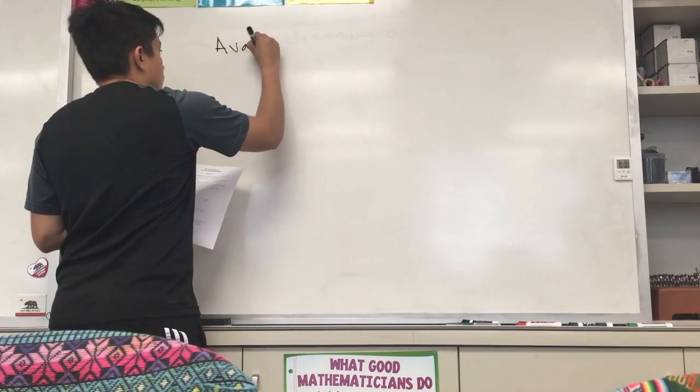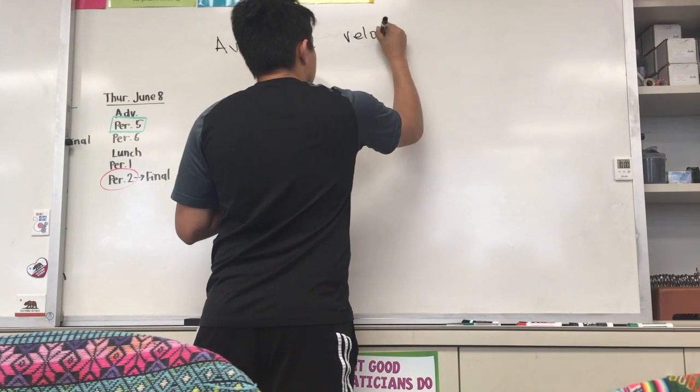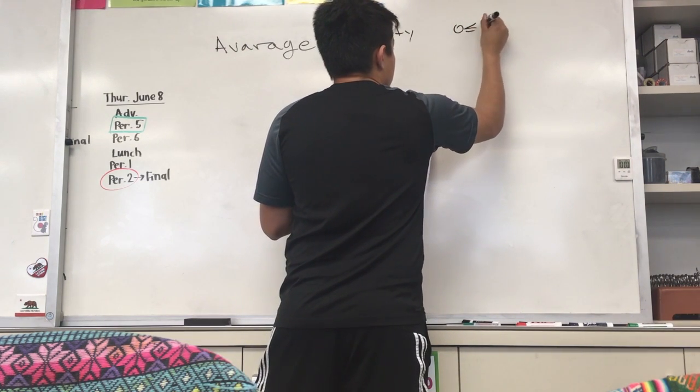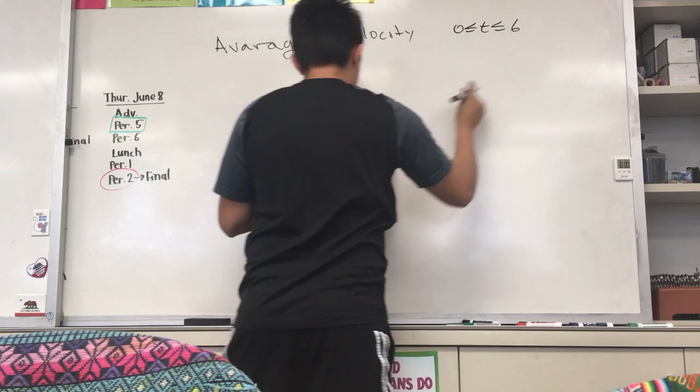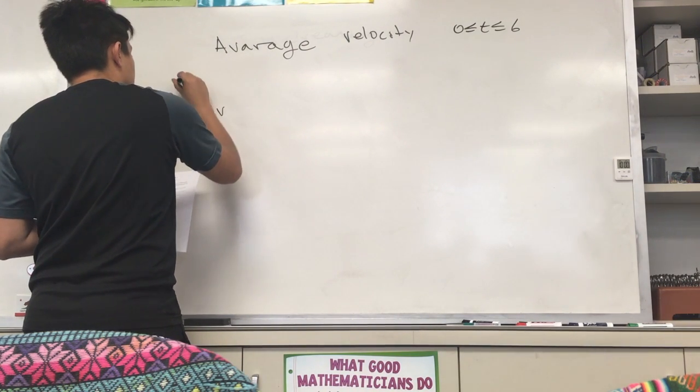So moving on to the next problem. Next problem is problem B. It asks to find the average acceleration between 0 and 6.